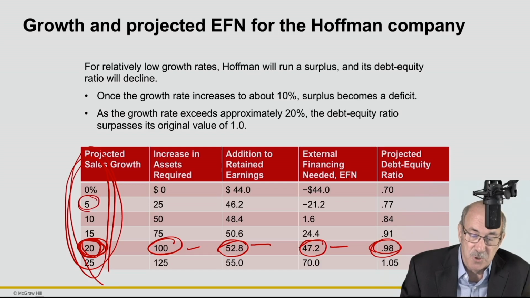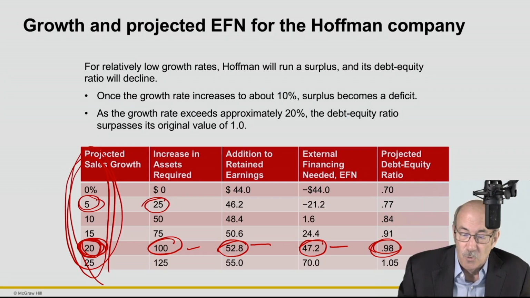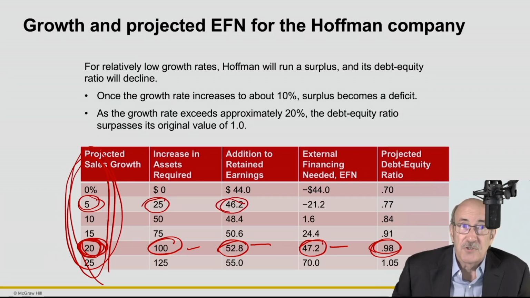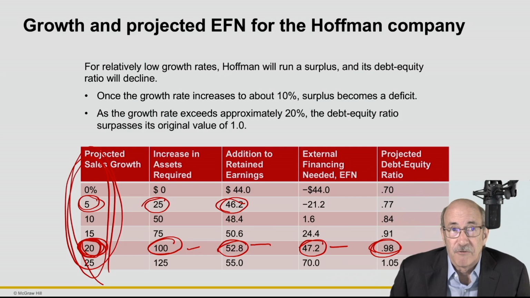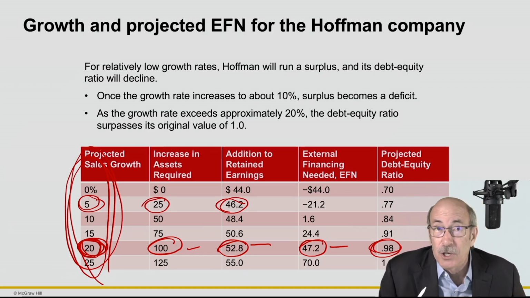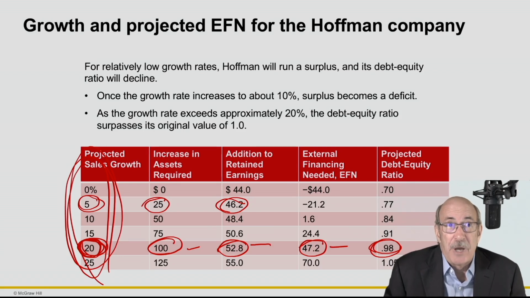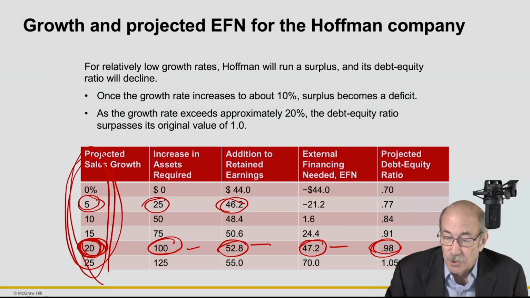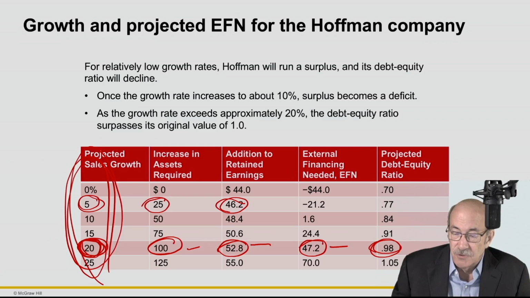It goes down as we reduce the projected sales growth. So at 5% growth, we only need to increase the assets by 25. We actually have 46.2 contribution from retained earnings, meaning that we're actually able to pay back some debt, or we could choose to retire equity. We could do a buyback, repurchase of equity. But if we chose to reduce the debt, that would reduce our debt to equity ratio down to 0.77.